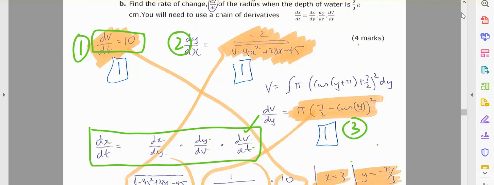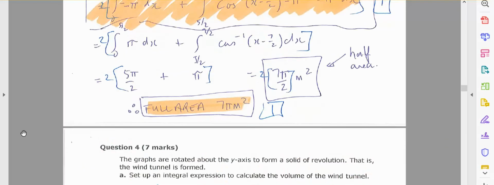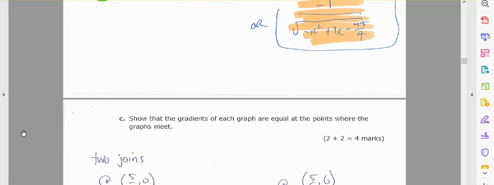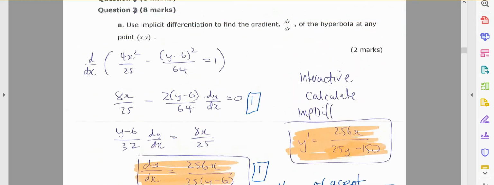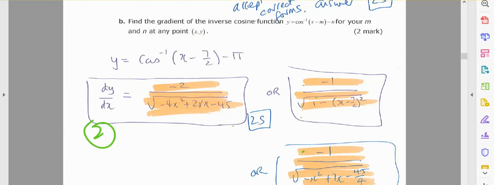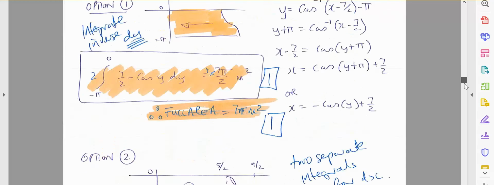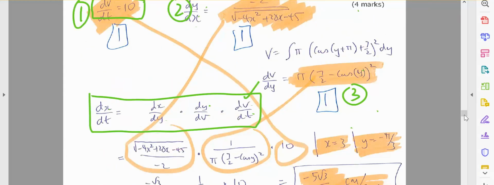The second bit, dy dx, which is number 2, that comes from up here, where in question 2b, you came up with dy dx, so I'm lifting that and putting that in that position there because I want dx dy, I've turned it upside down.